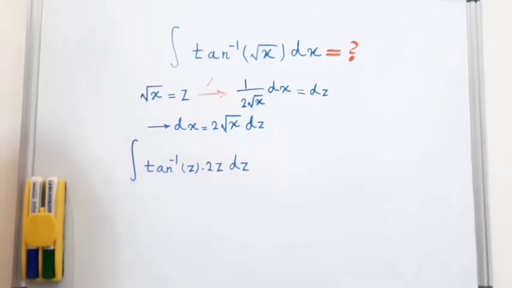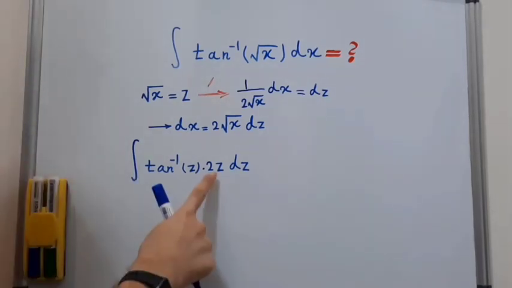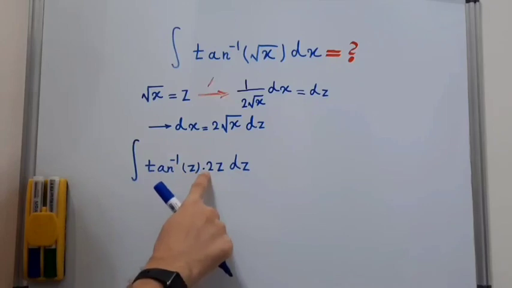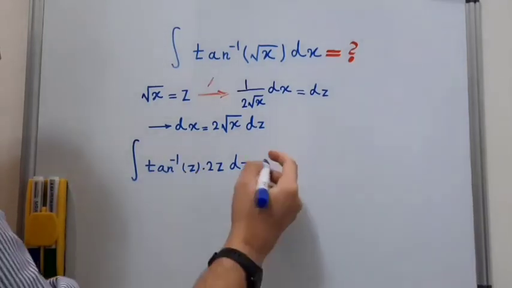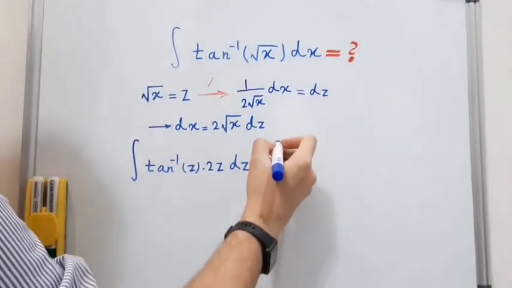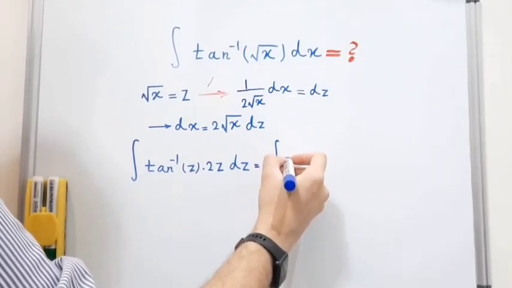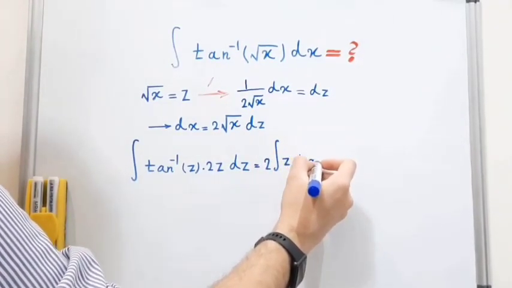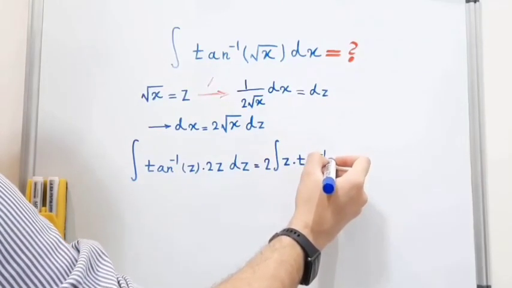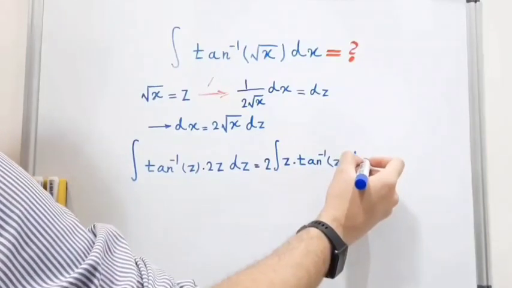I put the number 2 out of the integral. It becomes 2 multiplied by the integral of z multiplied by tangent inverse z. Easy.